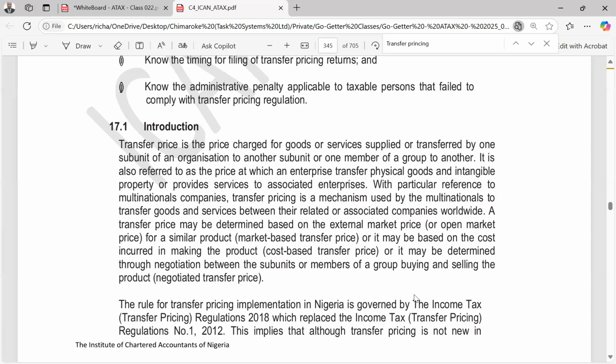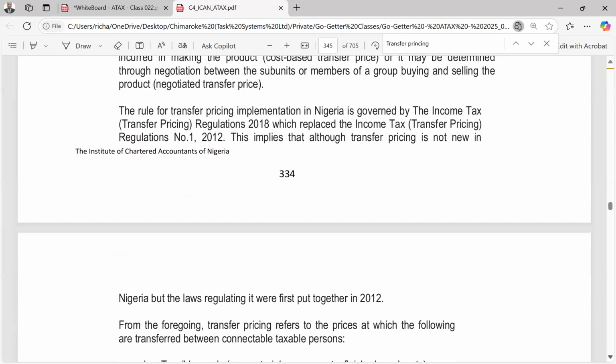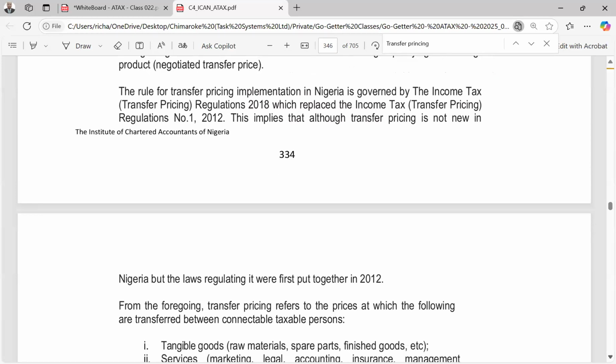Or it could be that you make the product at a cost and get only a small markup or margin so that you can sell the product. So the rules for transfer pricing implementation in Nigeria are governed by the Income Tax Transfer Pricing Regulations 2018, which replaced the Income Tax Transfer Pricing Regulations of 2012.